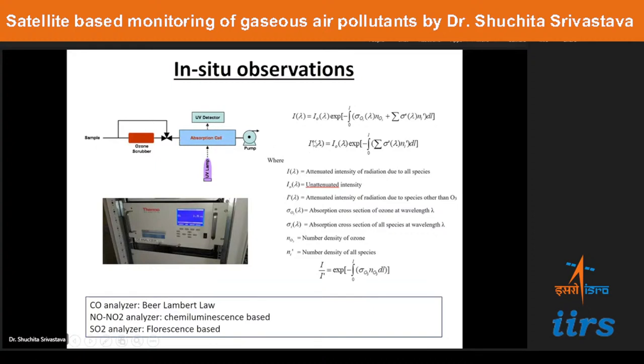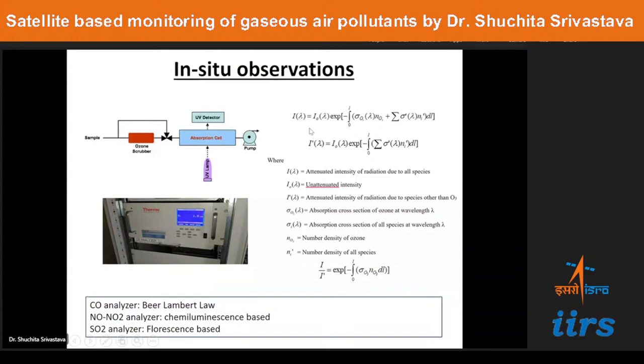So I dash lambda will be measured in the next cycle and it will be equal to I0 lambda exponential minus integral 0 to L of sigma dash lambda times number density of other species. So these are all the interfering species which contribute to the calculation of I dash. And I lambda will be absorbed by ozone as well as other interfering species.